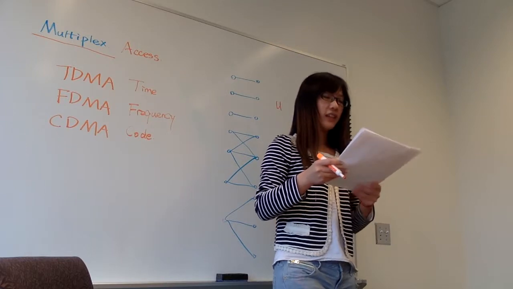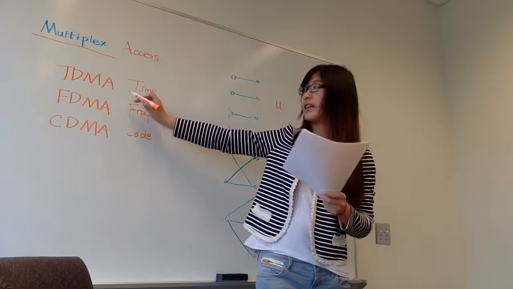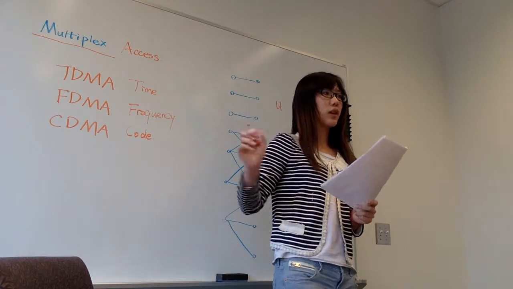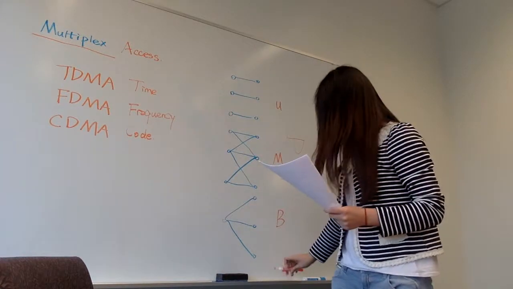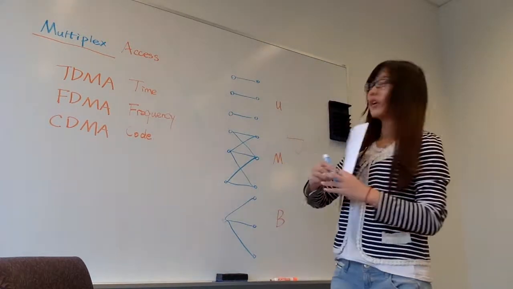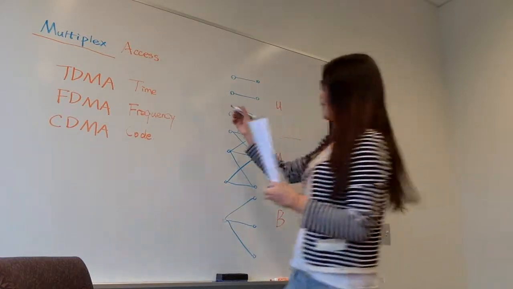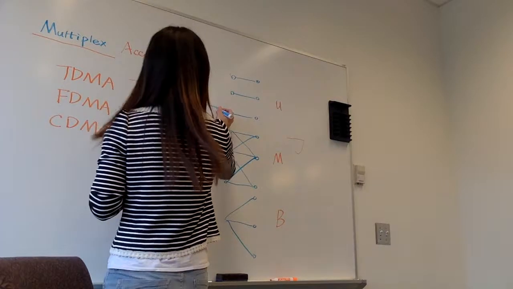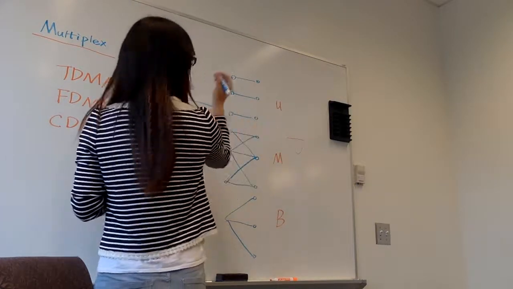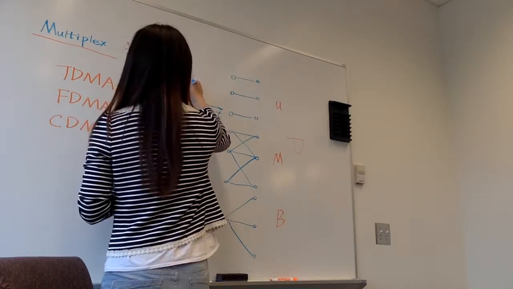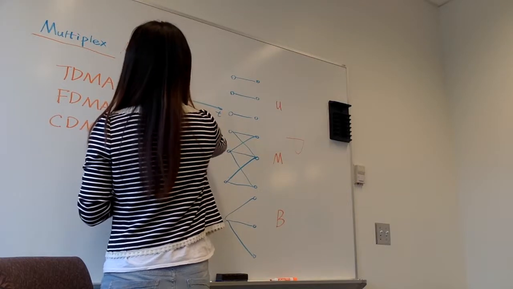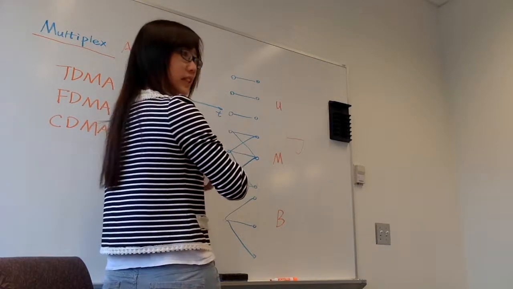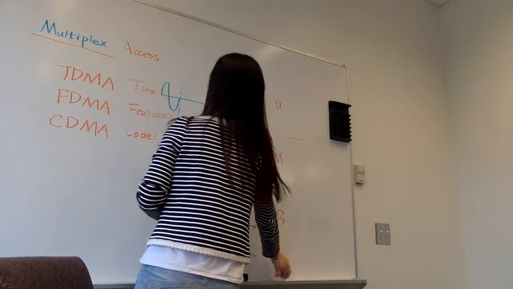And then, do you know what TDMA means? I can use the waves to describe this also. You can see that for the first person, let's suppose this is a timeline. This means T. For the first period of time, a person sent his information in this kind of wave.